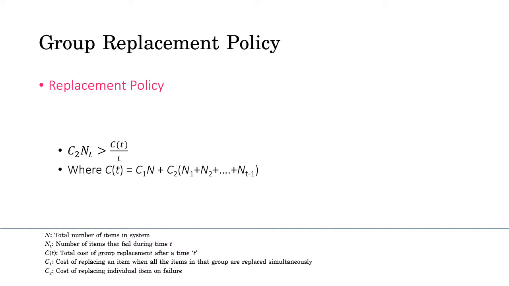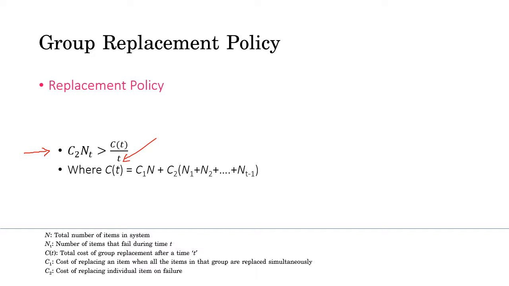So this is the replacement policy for group replacement. The company should replace all items in a system if this inequality is satisfied after a period of time t. This t is the unit of time, and it might be a day, a week, a month, or a year, whatever.